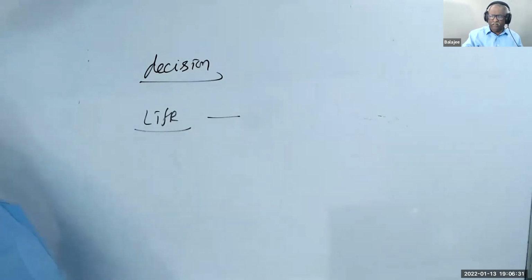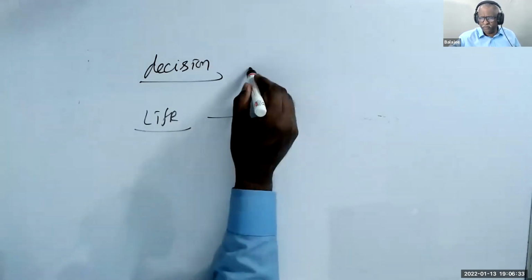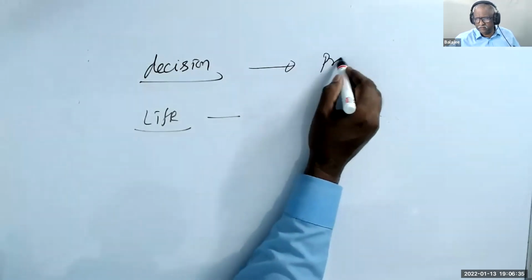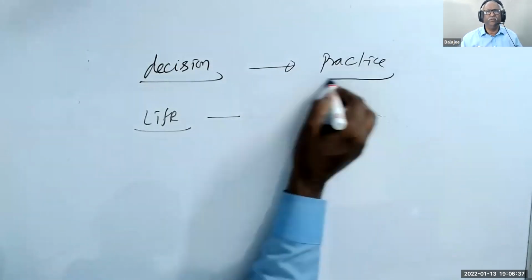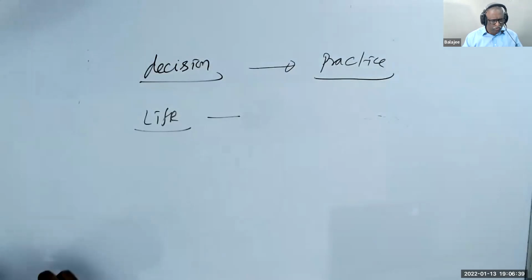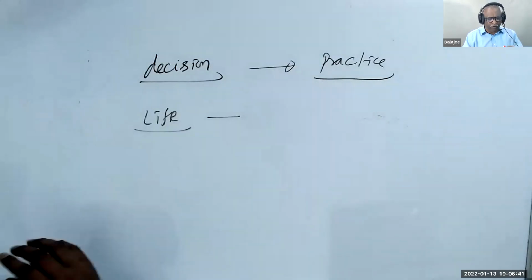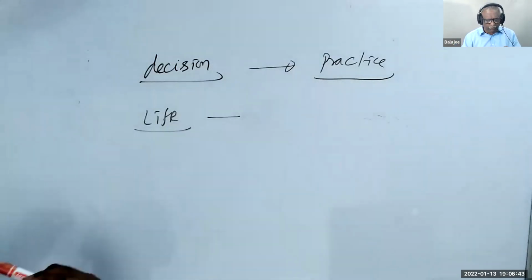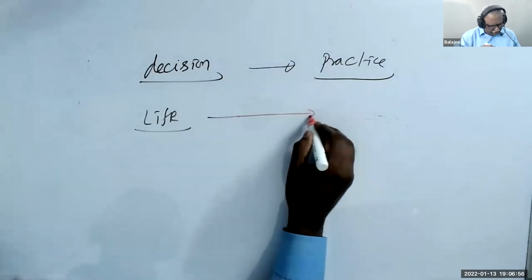You understand? That decision making, you have to practice. The same thing happens in life also. You should learn to practice how to make decisions. That I'm not discussing here. I'm not a psychology consultant. I'm an engineering person. Okay, so please understand.